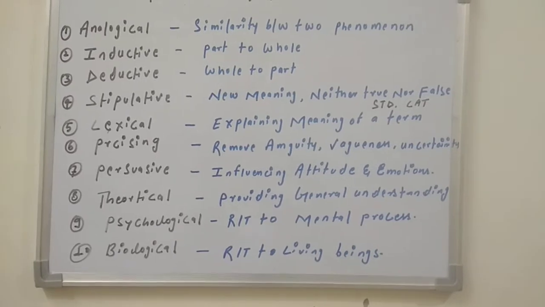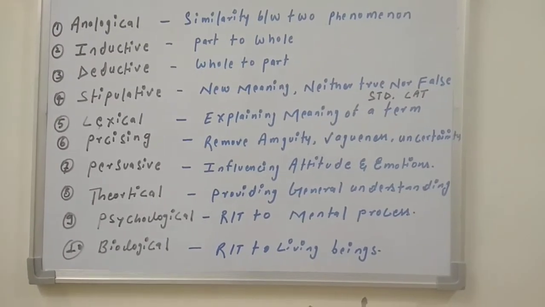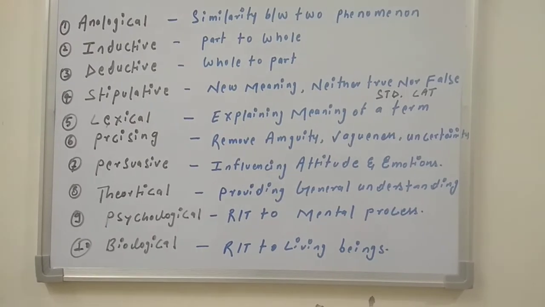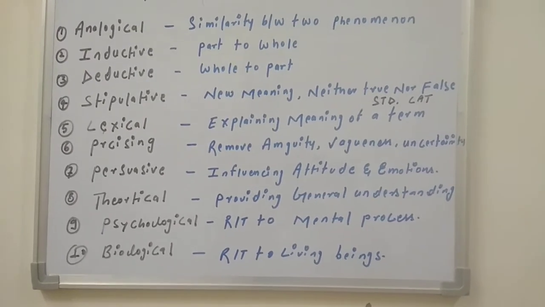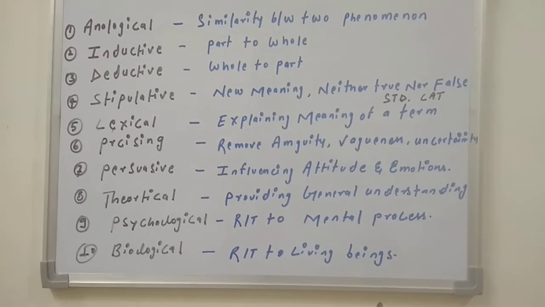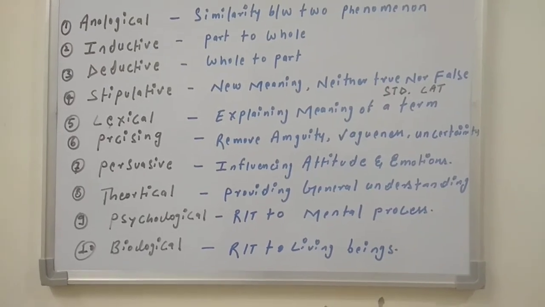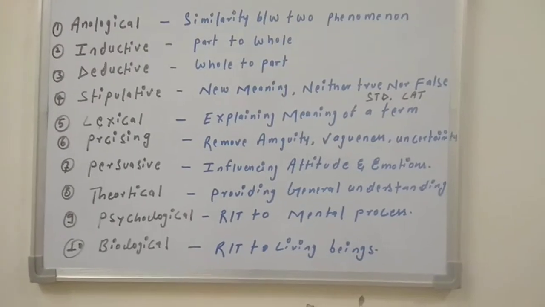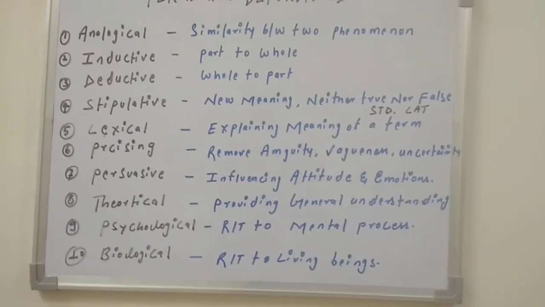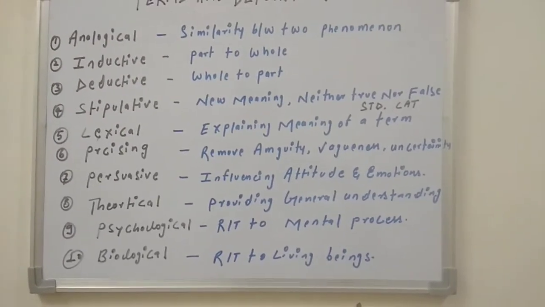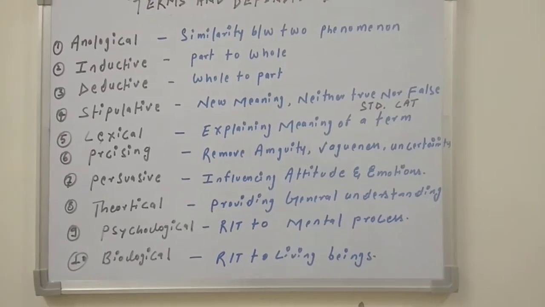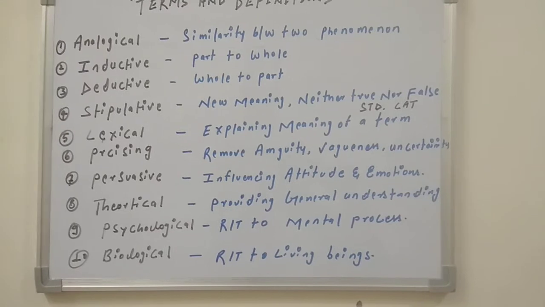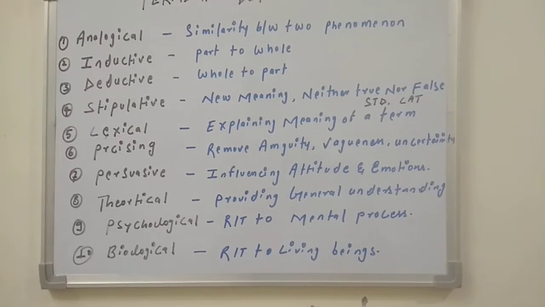Next one is precising. Precising means suppose there is a sentence, and from the sentence you are removing any ambiguity, any vagueness or uncertainty, then it is known as a precising definition or precising term. Suppose I take an example: if I say, tomorrow I go to home, that's the sentence.